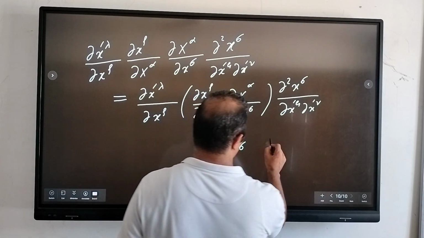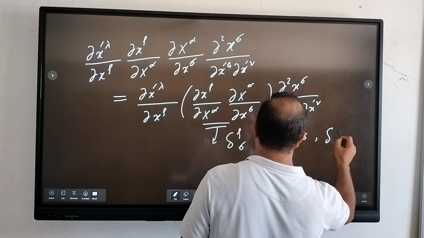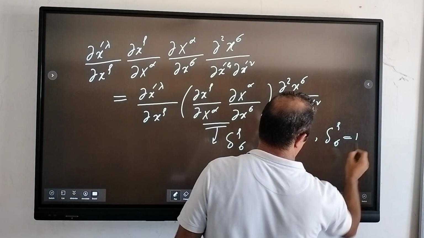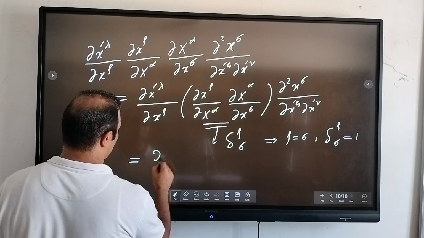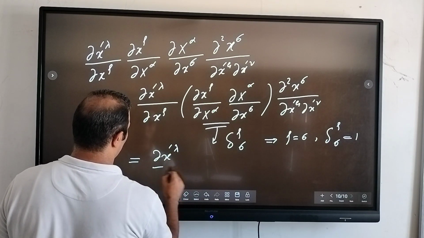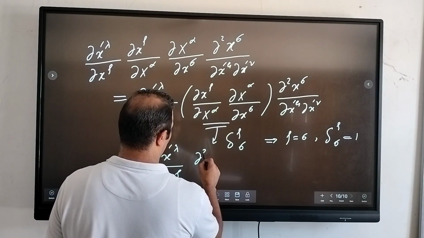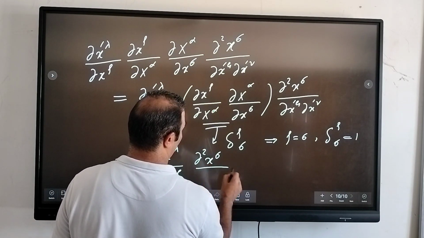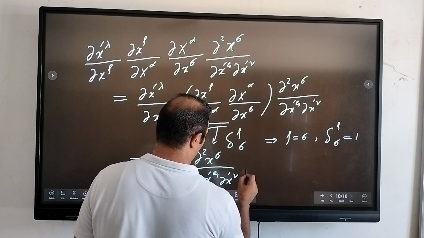So that means if you put rho equal to sigma, then this delta of rho sigma should be equal to 1, right? So you use it here. So this term will be equal to partial x prime lambda. Okay.